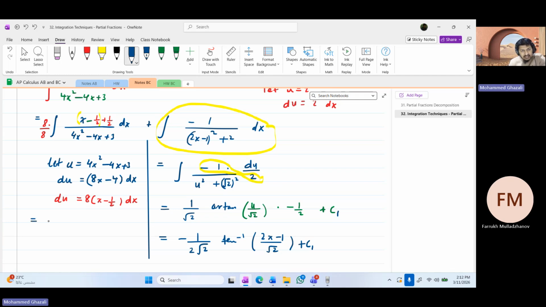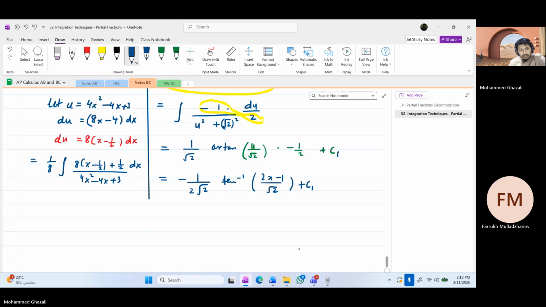So that integral is basically 8 into x minus a half plus a half, dx over 4x squared minus 4x plus 3.